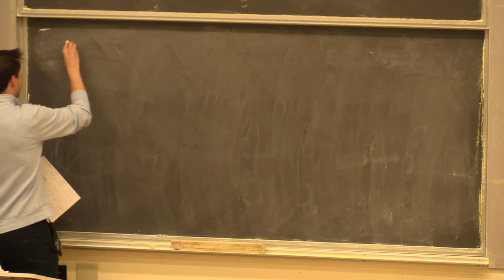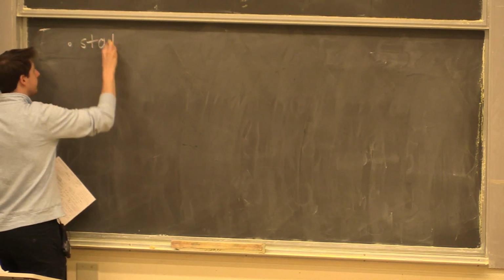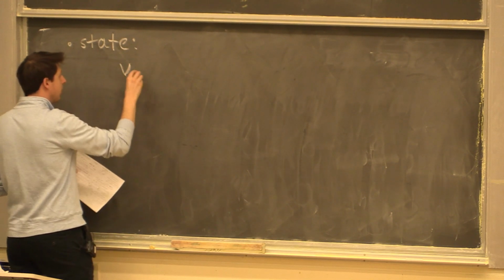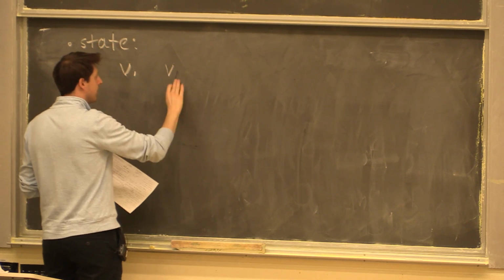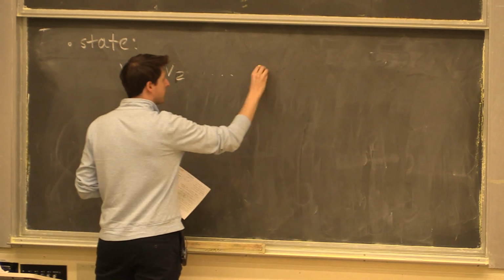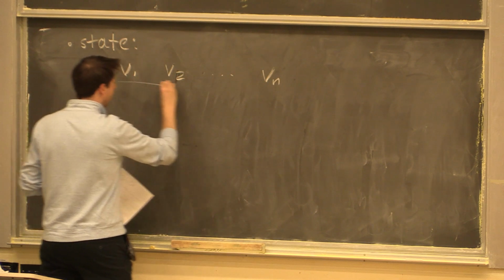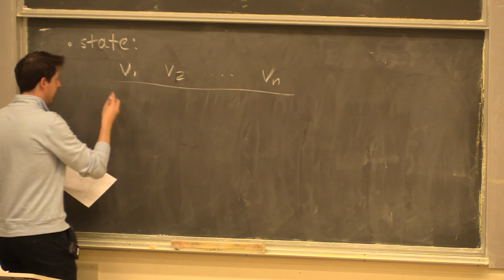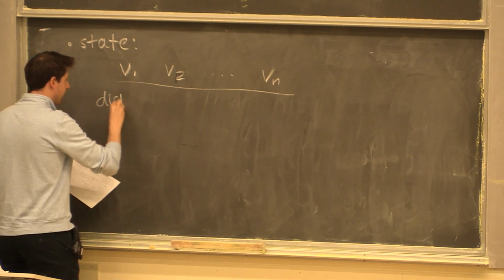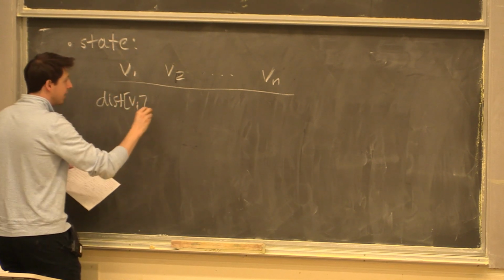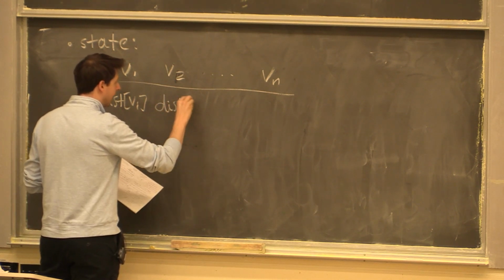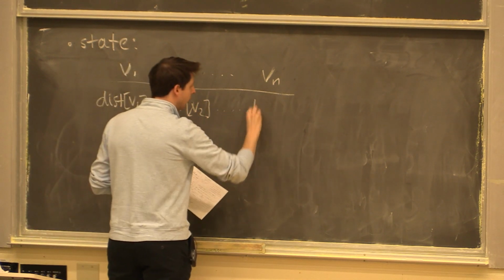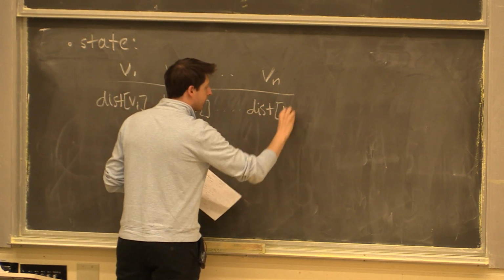So the state of the algorithm, just to make this a little bit more precise, will consist of two things. First, we'll have the working best estimates of distances for all the vertices. So we're going to have an array where for all the vertices, we're going to have some distance, okay? At the end of the algorithm, this will literally be the correct answer, but halfway through the algorithm, it will be some estimate.